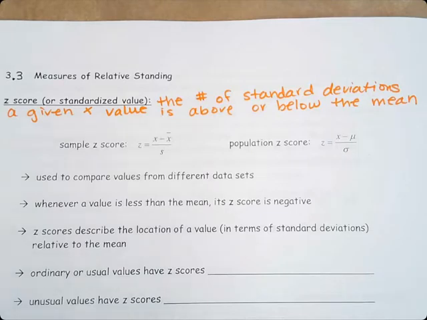So relative standing, we're talking about the position relative to our mean. It can be above the mean or below the mean.